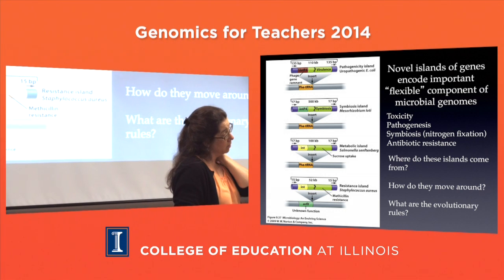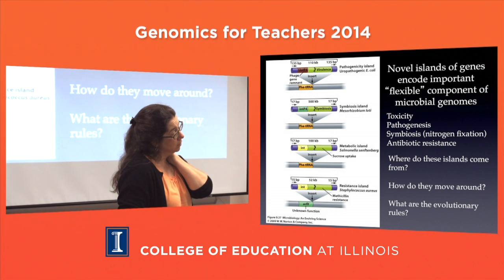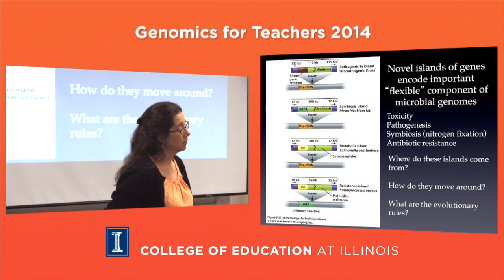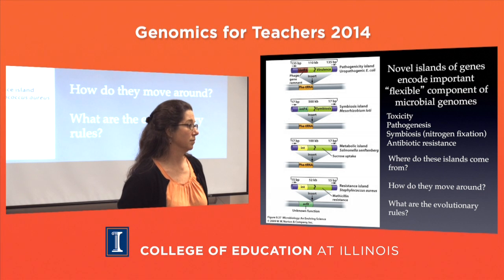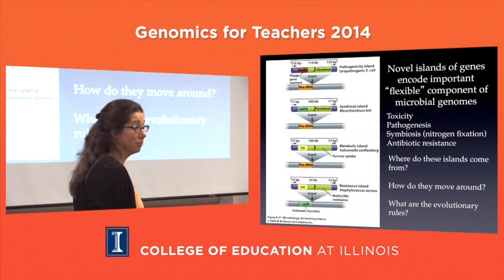Say there's a gene or a set of genes that codes for some kind of pathogenesis, whatever that happens to be, enterohemorrhagic. Do you see similarities between even different species with that same pathogenesis? Are the genes similar, or are they totally different? Sometimes you can find these islands in different strains.